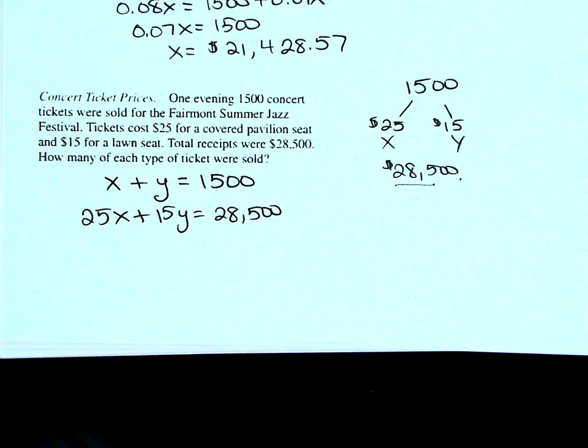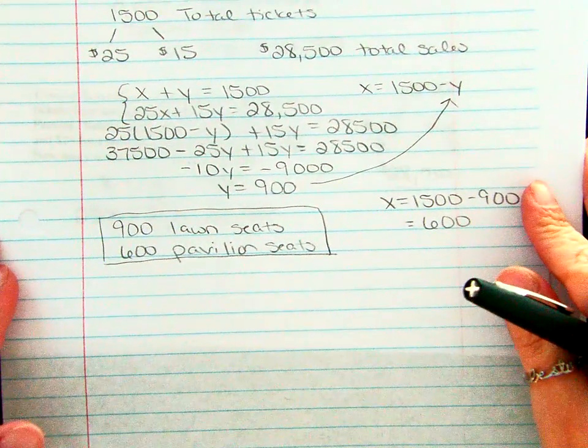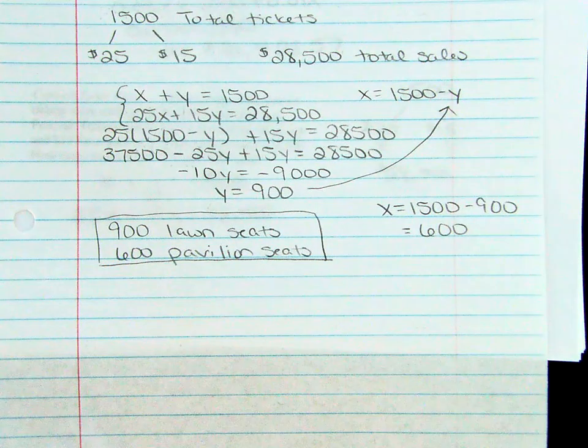You could easily multiply that top equation by a negative 25 or a negative 15 and do it that way. I always ended up using substitution. And when I use substitution, I find that I sold 900 lawn seats and 600 pavilion seats.